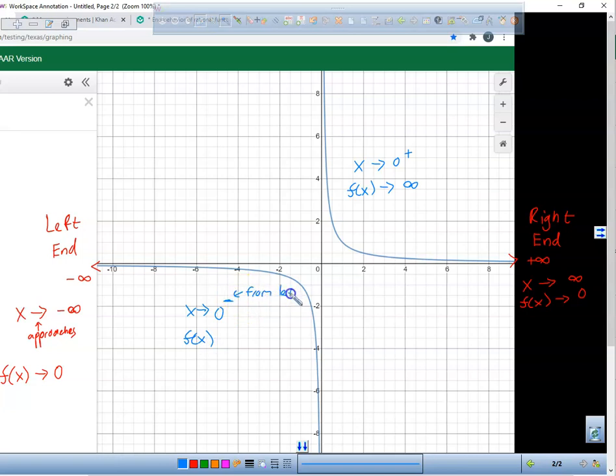From the left, and positive means from the right. So if you ever see 0 plus, that means 0 from the right-hand side, and 0 minus means 0 from the left-hand side. What is f of x approaching here? As it's going from the left, getting closer to 0, what's happening to my y values? They're going to negative infinity.